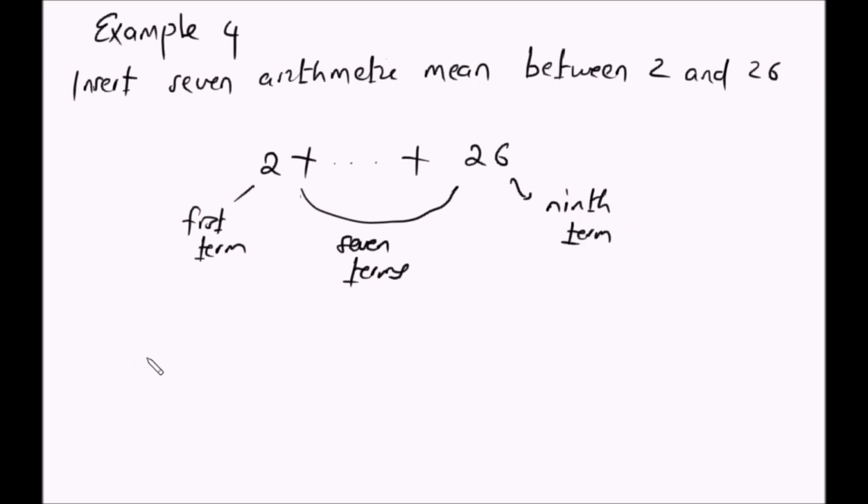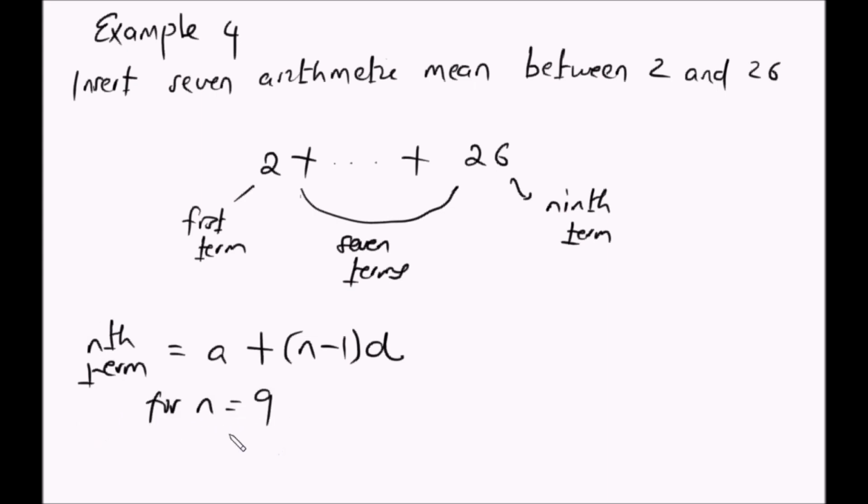So 9th term, sasa tunajua nth term. Nth term sasa na a plus n minus 1 d, sawa? Yeah. So terms ikiwa 9 now, yani for n is equal to 9, itakuwa ni sasa na nini?